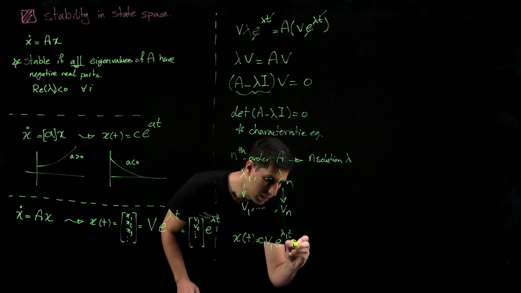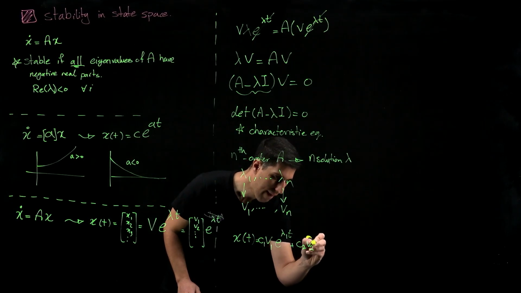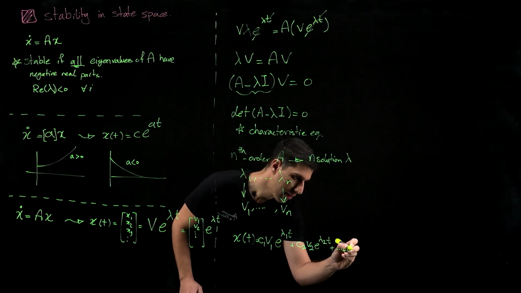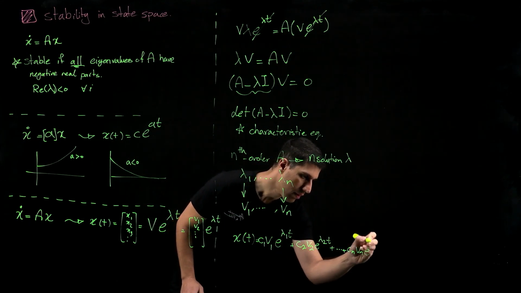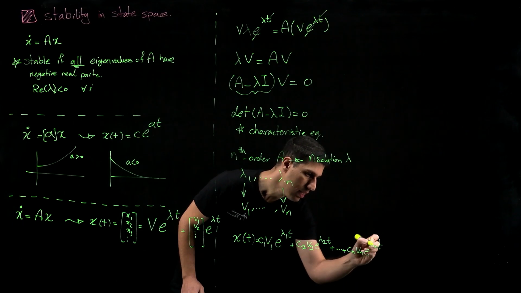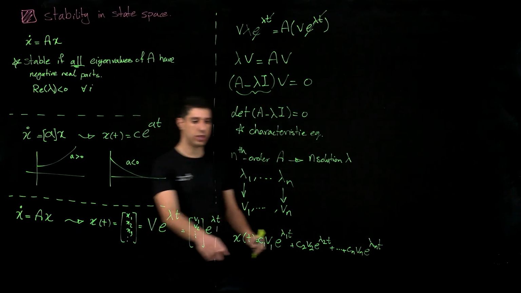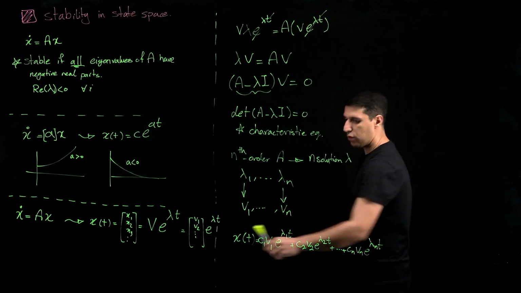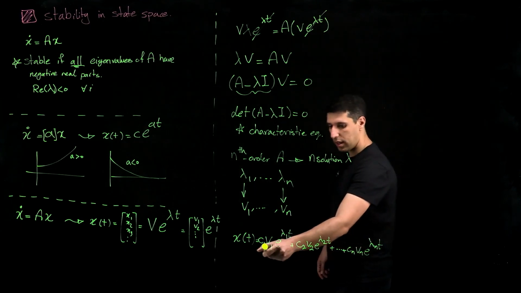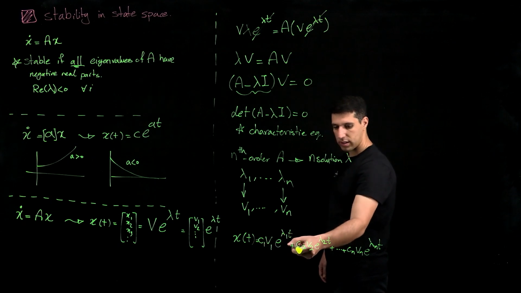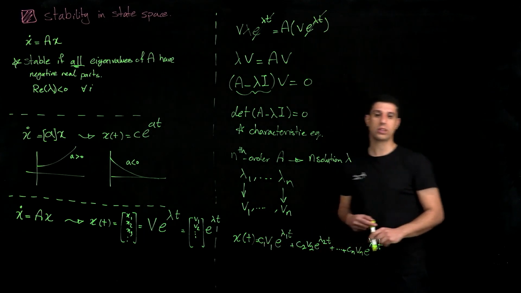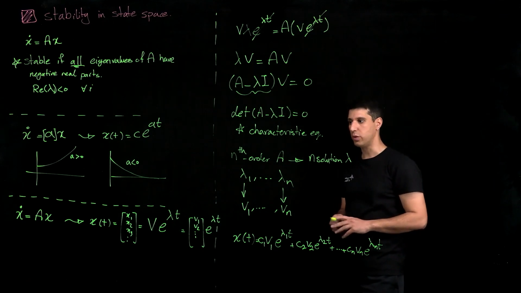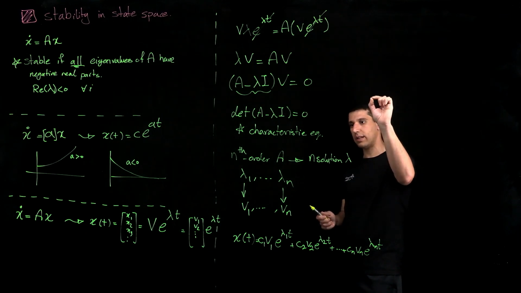and so on up to the nth term. So a linear combination of all these possible solutions can give you the full answer, and the constants C1, C2 to Cn depend on the initial condition, where you start the system from.